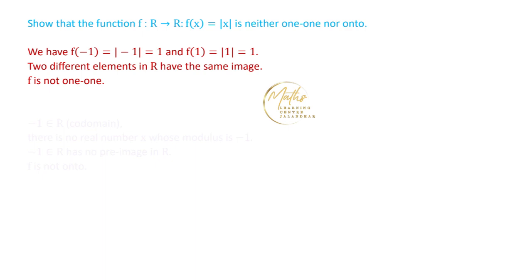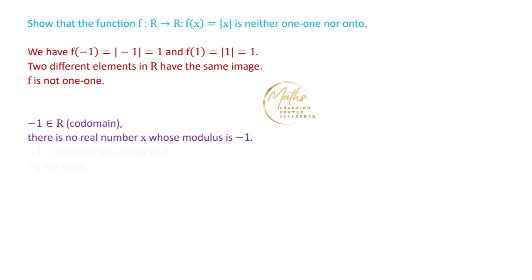Next, to prove that it is not onto, we have to show that there is an element of the codomain for which there is no pre-image. So if we consider the element -1 from the codomain, we are saying that there is no real number x whose modulus is -1.